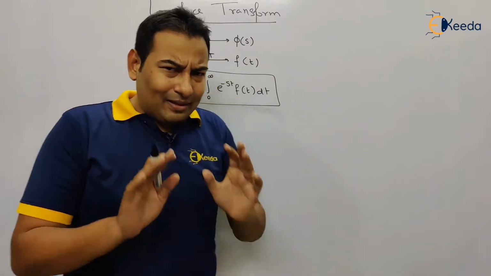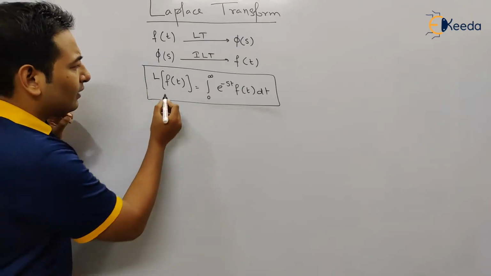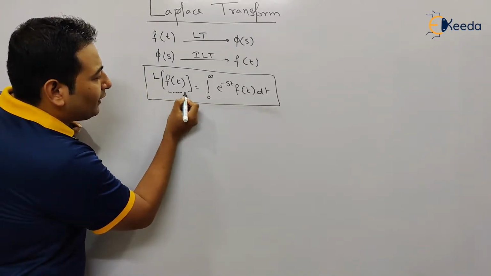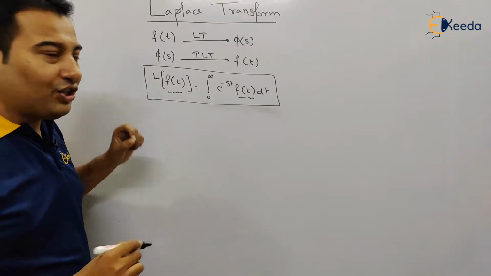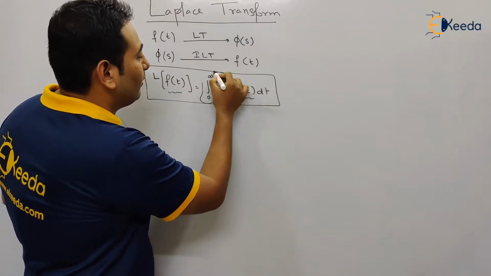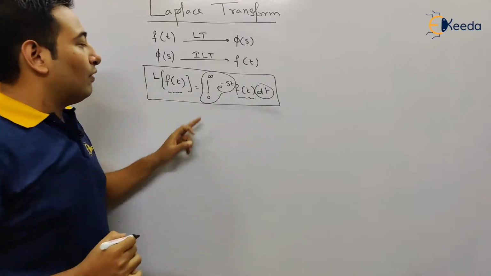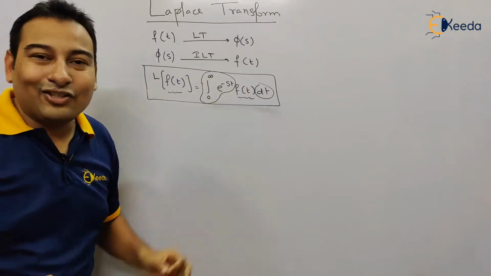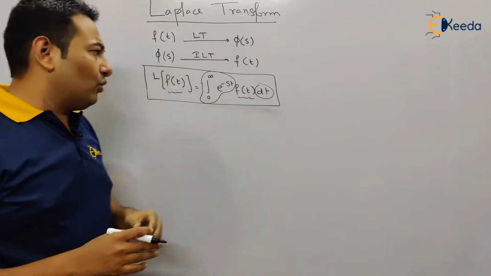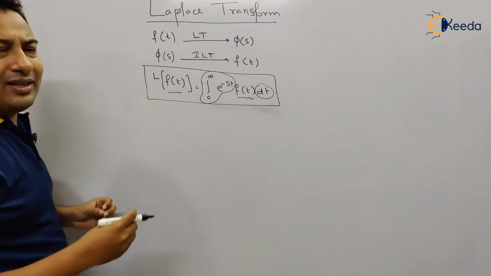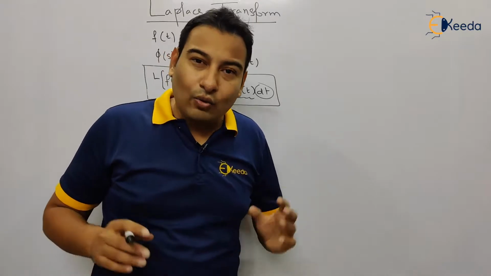The formula is very simple. This is your f of t. So finding Laplace means we just need to integrate from 0 to infinity e raised to minus st times f of t. Finding Laplace means just integrate. So that's it. Let's take a few examples to understand how exactly we find the Laplace transform.